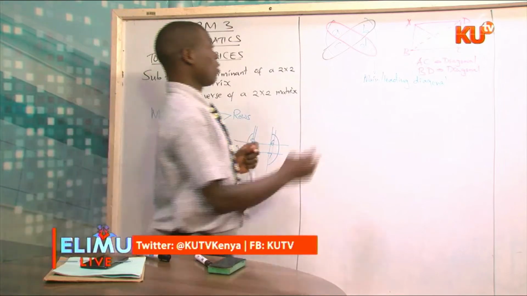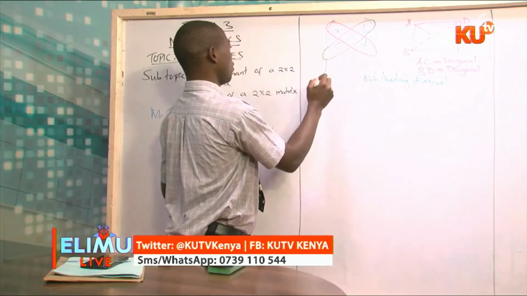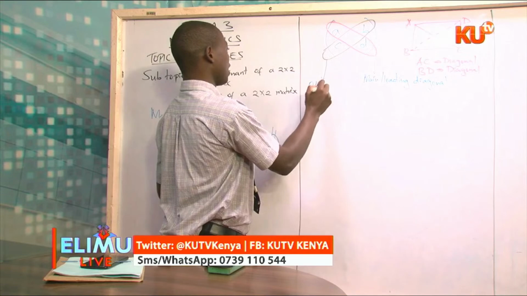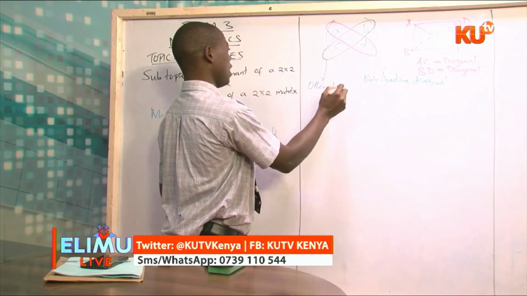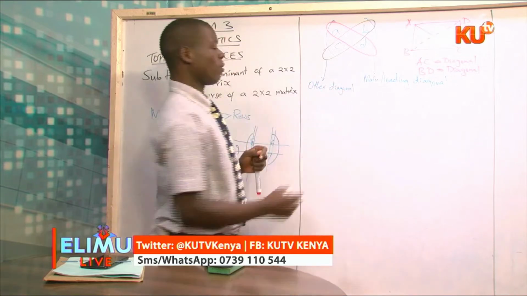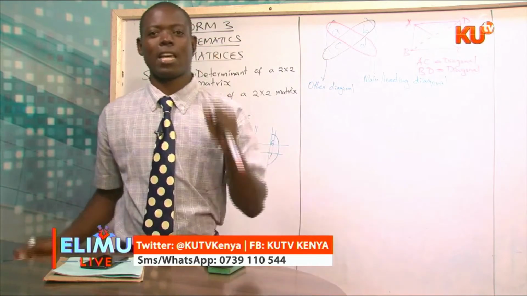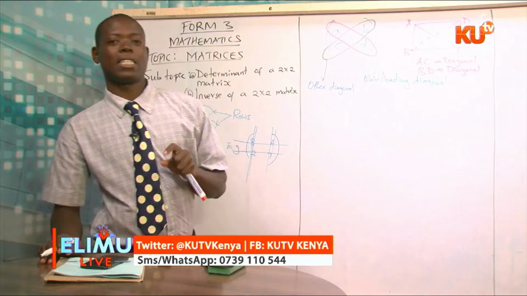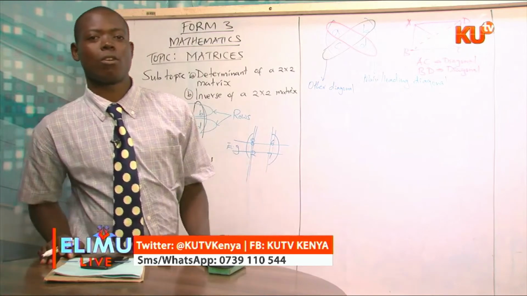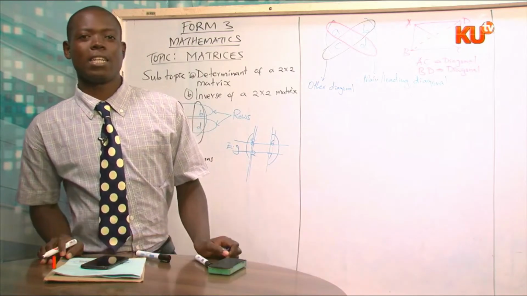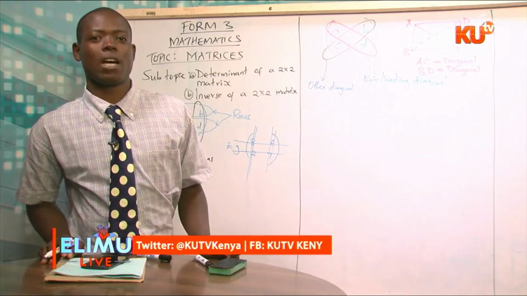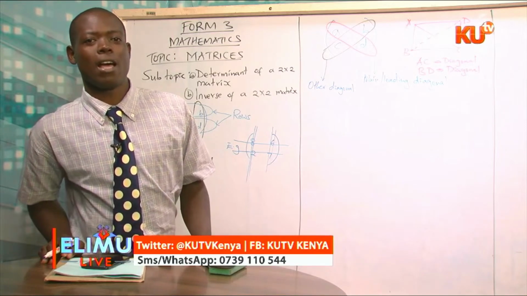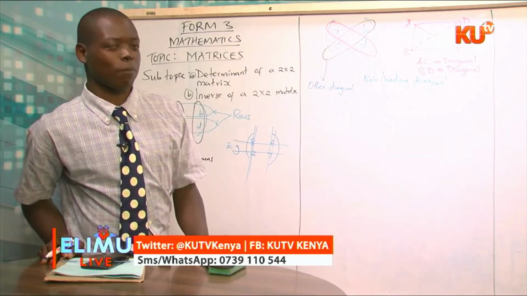And the other diagonal, this one, is referred to as the other diagonal. So do not ask us what is the name of the other diagonal. It is just referred to as the other diagonal. Therefore, matrices also constitute elements arranged in diagonals. And we have two diagonals, the leading diagonal and the other diagonal.